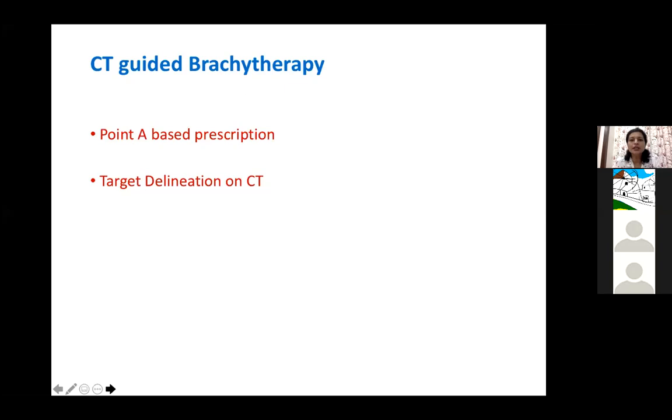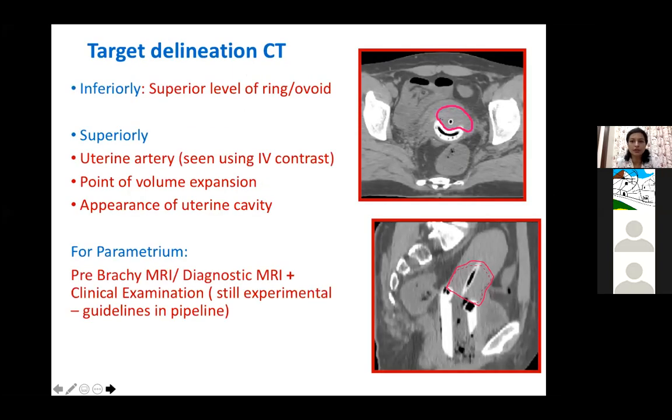Now, target delineation on CT and CT-guided adaptive brachytherapy is still experimental. I would not say that it is definite, but of course there are various ways you can delineate the target on CT. Now, like I said before, it is easy to delineate a target on CT if the disease is only confined to the cervix. If there's parametrial extension, you do face a lot of difficulties.